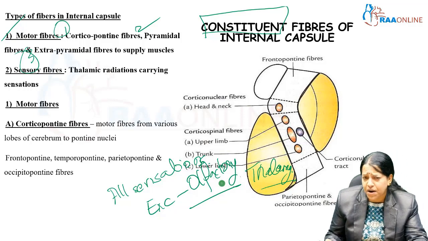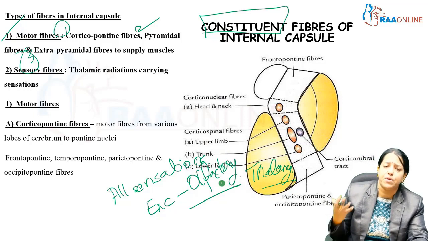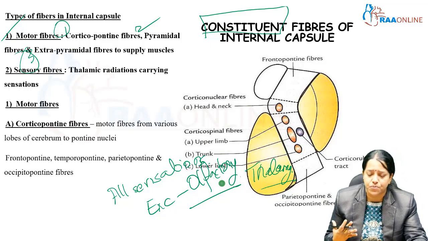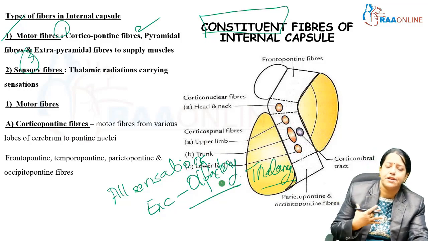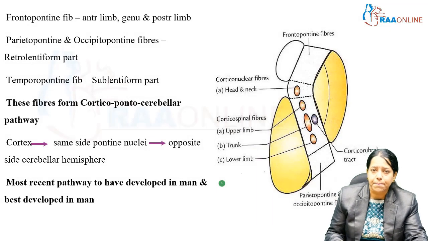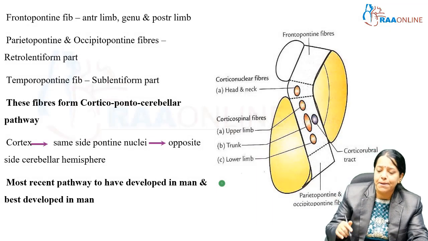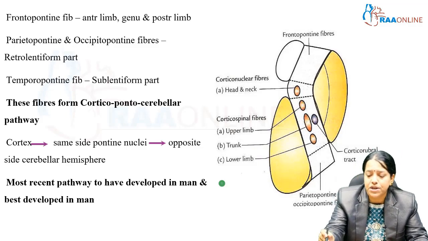So what are the various parts of the cerebrum? You have the frontal lobe, the temporal lobe, the parietal lobe and the occipital lobe, right? So you have the frontopontine fibers, the temporopontine fibers, the parietopontine fibers and the occipitopontine fibers. Frontopontine fibers come from the frontal lobe, which is situated anteriorly.